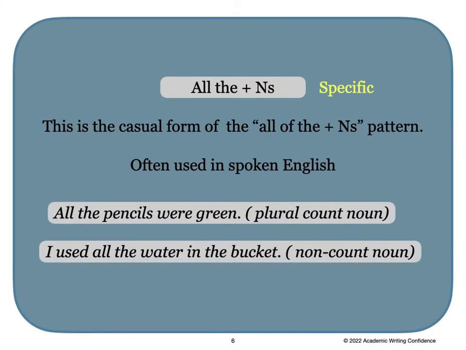As we said before, we often do not include the preposition of in the casual or spoken English form of this sentence. So our last two examples would be like this. All the pencils were green. And I used all the water in the bucket. You will hear this used in spoken English, but it should be avoided in writing, especially academic writing.